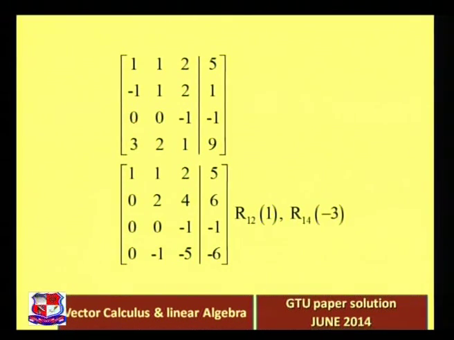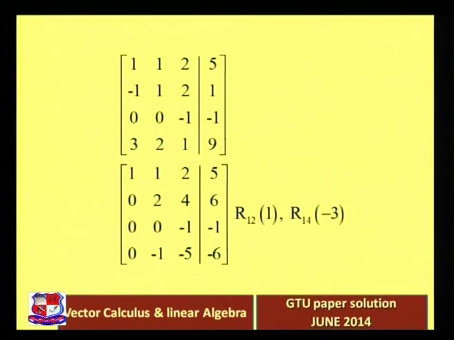The second condition is, if we have a leading entry, then below that leading entry in that particular column all the elements should be 0, right?